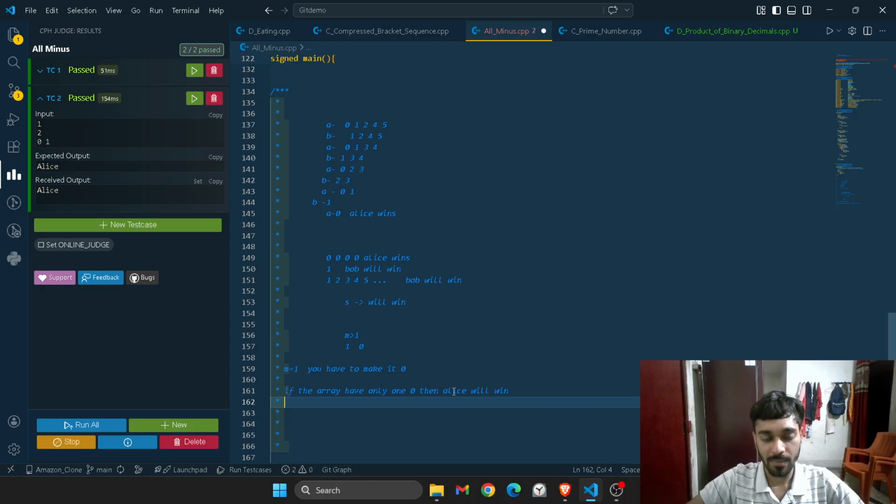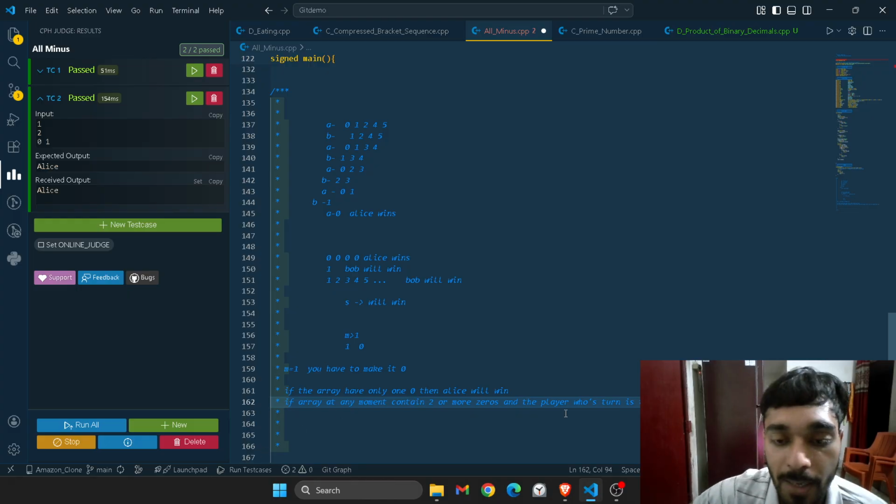My second claim is that if the array at any moment contains two or more zeros, the player whose turn it is will win.